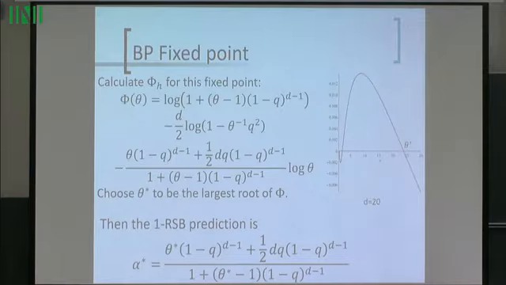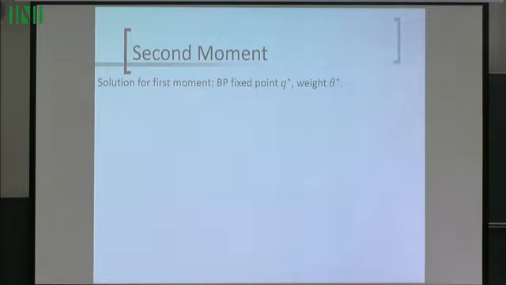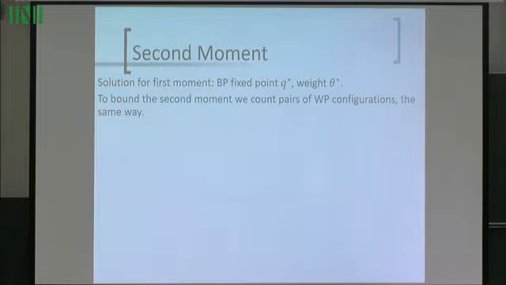Okay. But this is so far just a first moment calculation. So we need to show that we actually do have solutions like this. And so, suppose theta star and q star were the fixed points that we just found. We can now do the second moment, count pairs of warning propagation equations.